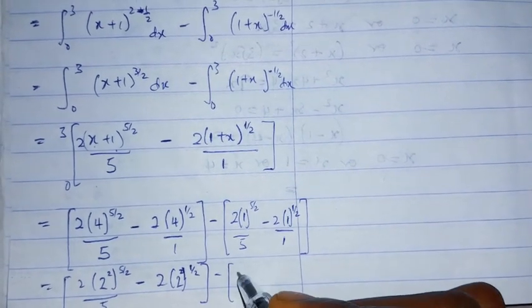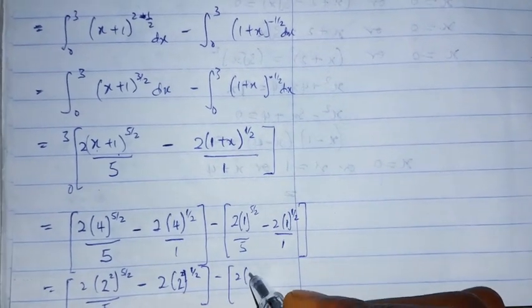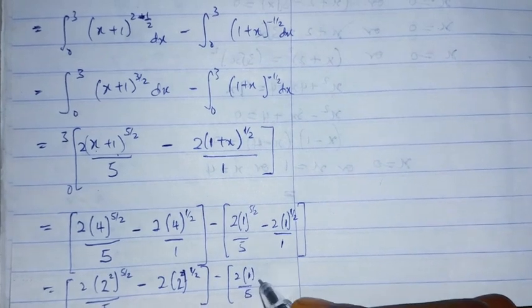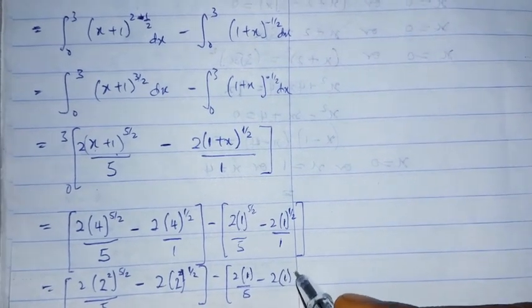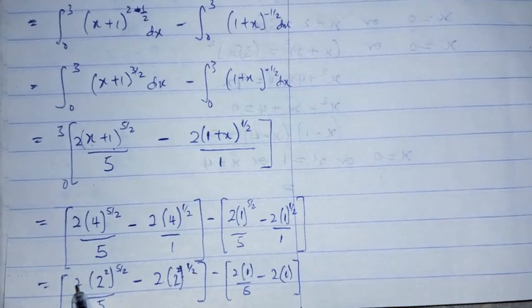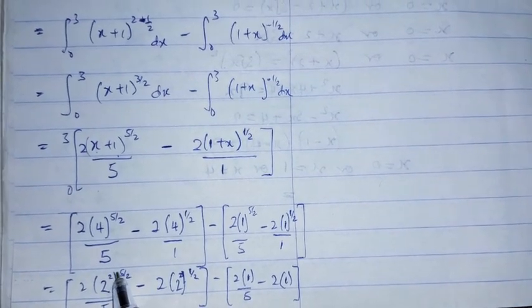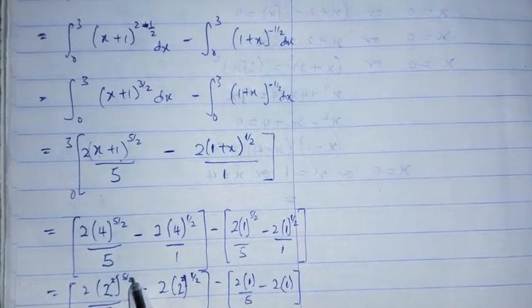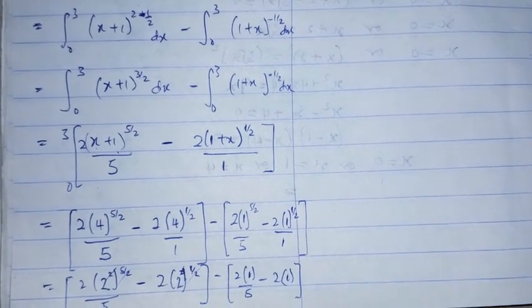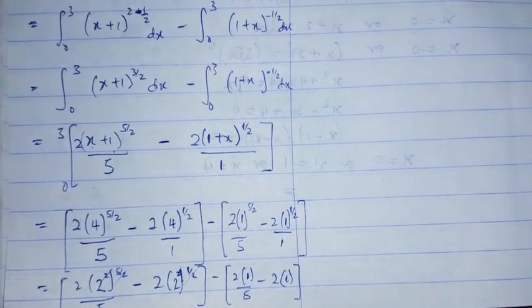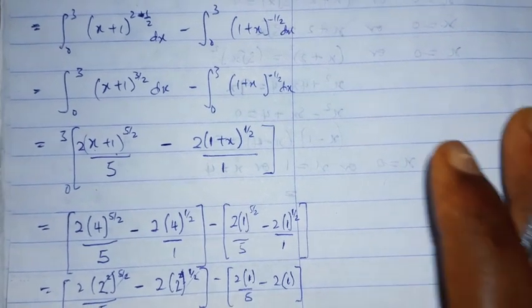Now minus 2 into 1 raised to power anything is 1. 2 into 1 raised to power anything is also 1. Then from here this becomes 2 times 2 raised to power 5, because of the formula of indices, this cancels this out, this cancels this out also. So what do I then have? This now becomes 2 into 2 raised to power 5 over 5.